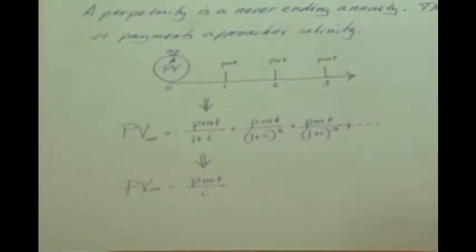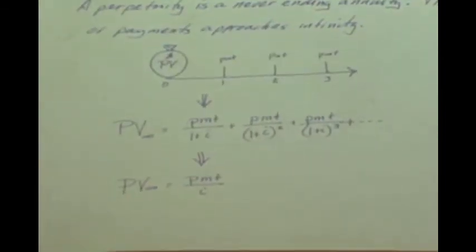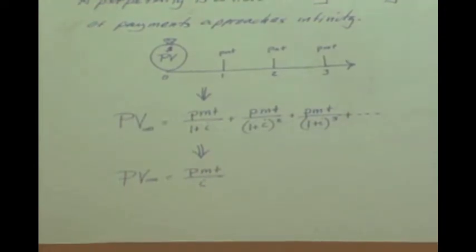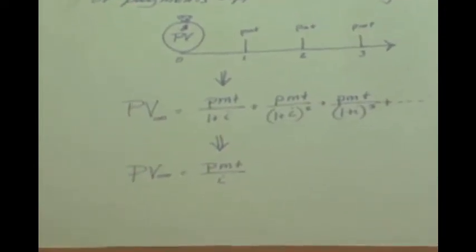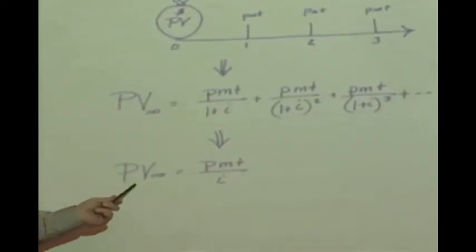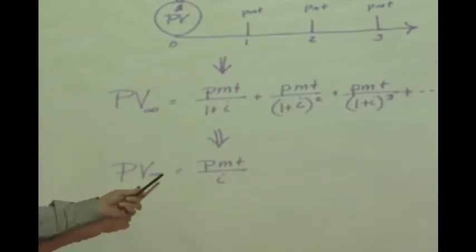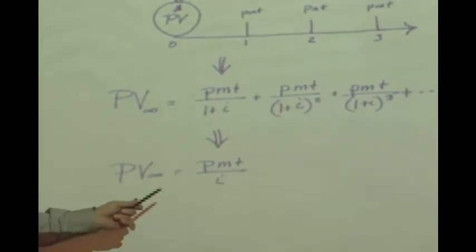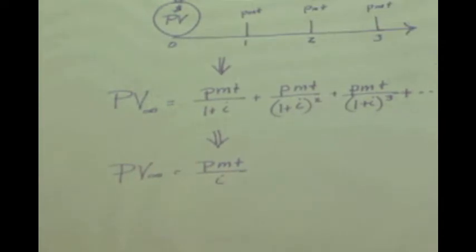This equation can also be manipulated until we get a fairly simple answer. Present value of a perpetuity is equal to the payment amount divided by the interest rate.